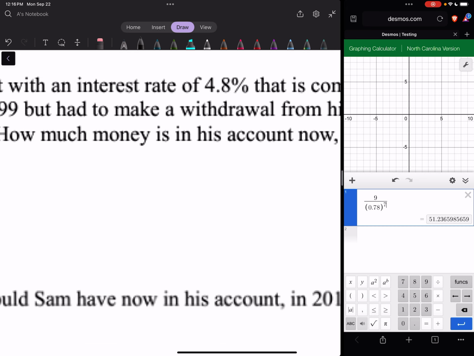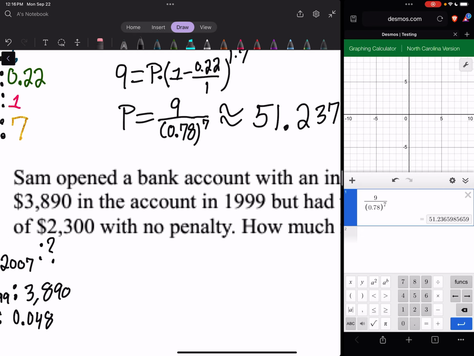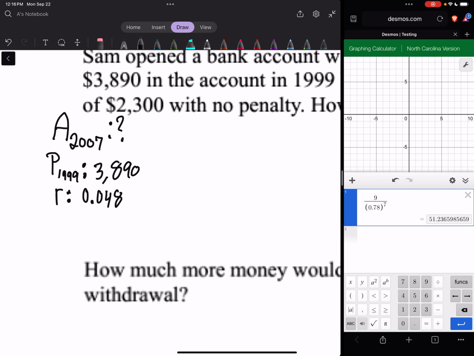For my n, this says it is compounded annually, so n is equal to 1. This changes nothing, so I'm going to not include n in the formula, since it is 1, it is not changing anything. My time is 2007, which is the year something happens, the withdrawal. And I'm taking the distance between that and 1999, which is 8 years.